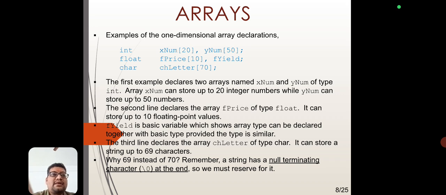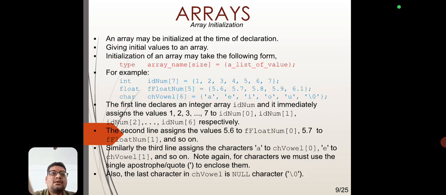One-dimensional array declaration works with int, float, char. In all data types we can represent a one-dimensional array. An array may be initialized at the time of declaration, giving initial values to the array.